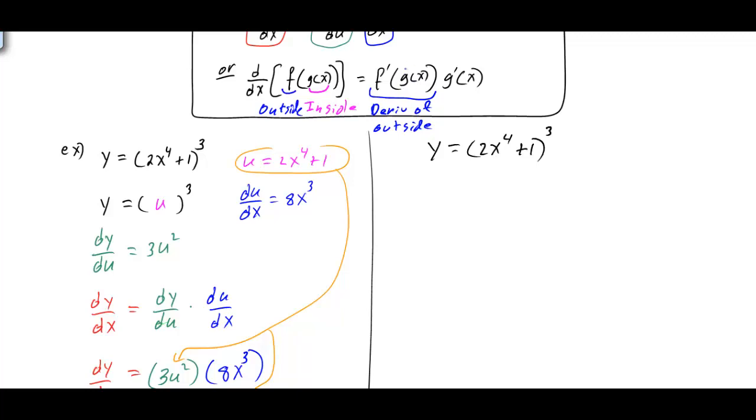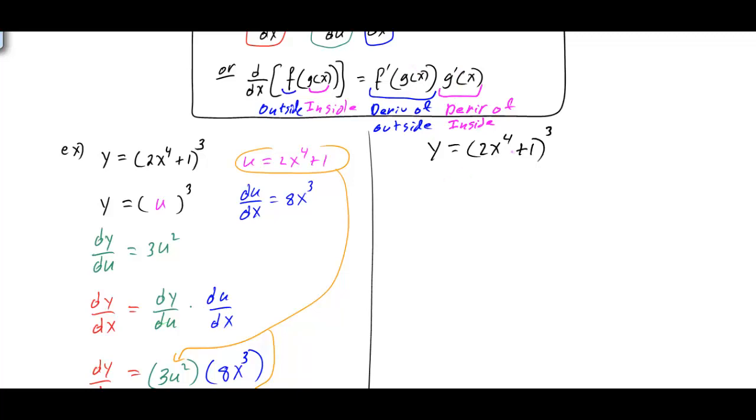So the first step is to simply take the derivative of the outside function, and then we're going to multiply that by the derivative of the inside function. g prime of x says we're going to take the derivative of the inside.